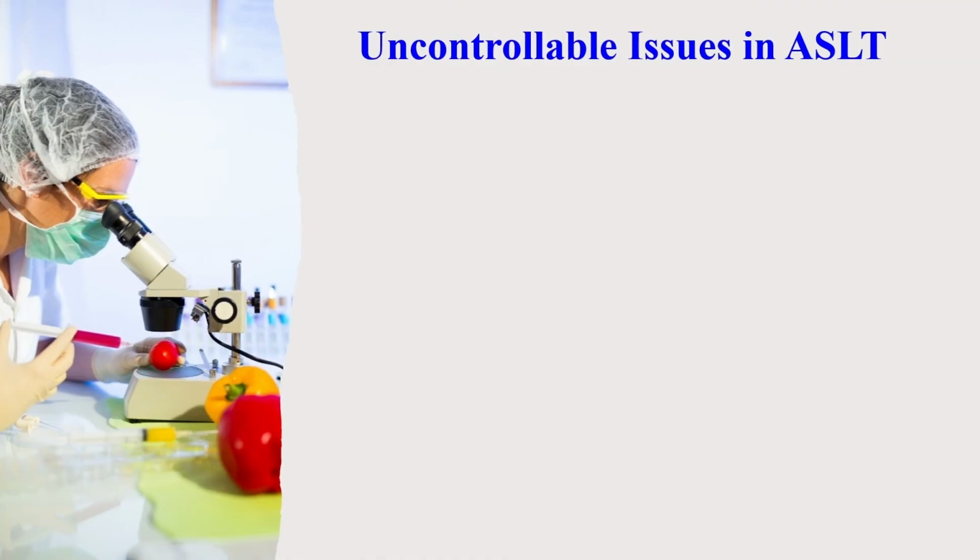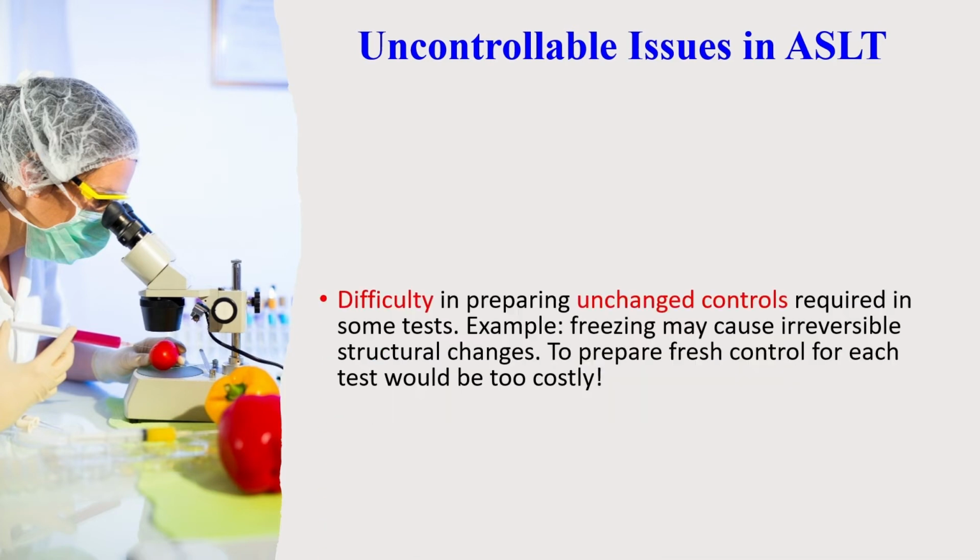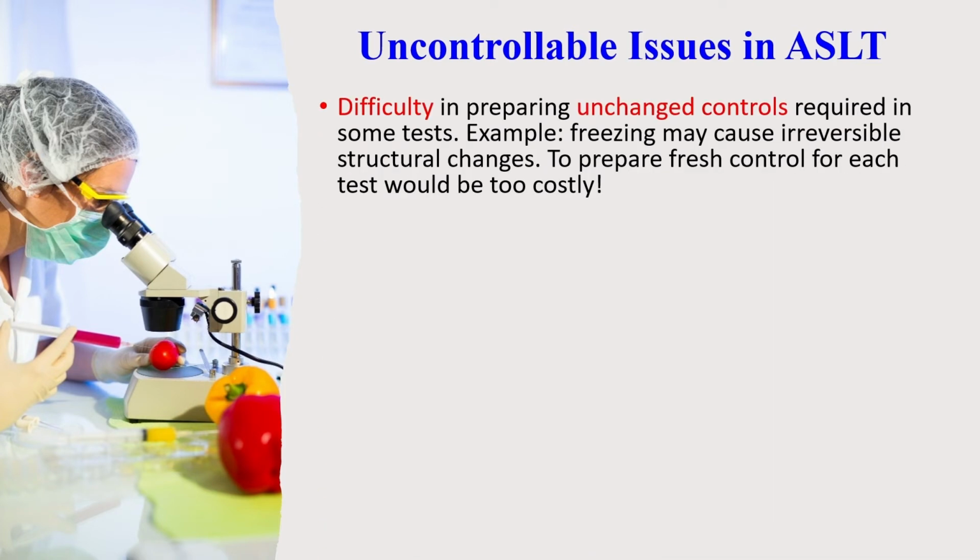There are also some uncontrollable issues in ASLT. The first one, when we do comparisons, we need to have control samples. Actually, there is some difficulty in preparing unchanged controls, which are required in some tests. Let's say freezing.